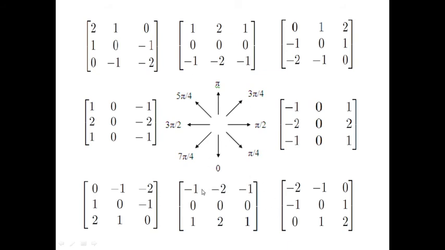For example, if this is my original mask and I do a 45 degrees rotation, I will get this resultant mask. Still, if I do a 45 degrees rotation, I will get the resultant mask in this manner. So this is my 0 degrees mask, 45 degrees mask, this is my 90 degrees, this is my 135, 180, 225, 270, and in this manner it goes on, right?